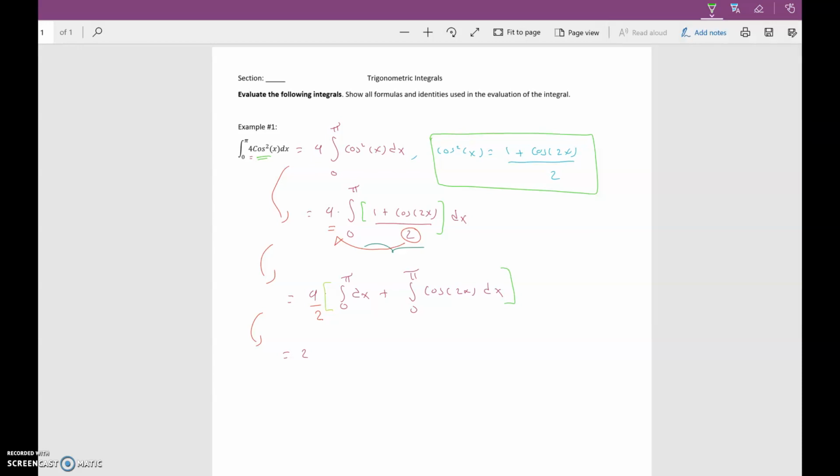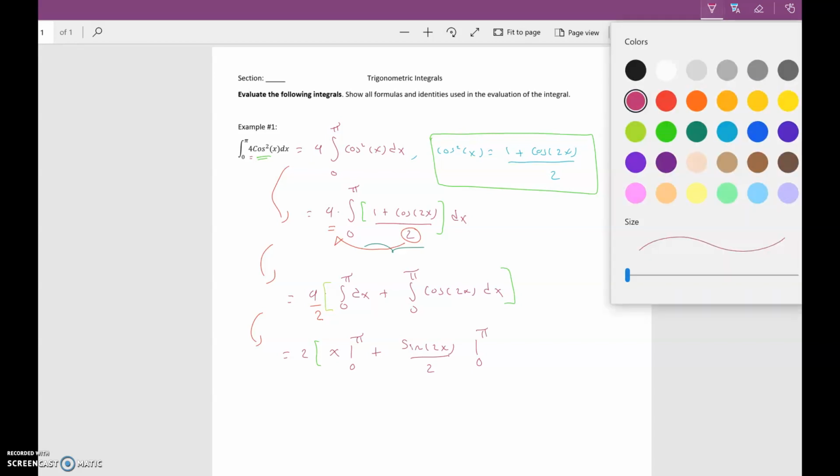And at this point, I'm going to put the parentheses. Let me integrate dx. So you would just have x evaluated from 0 to pi plus the integral of cosine of 2x. We're going to get sine of 2x divided by 2 evaluated from 0 to pi.